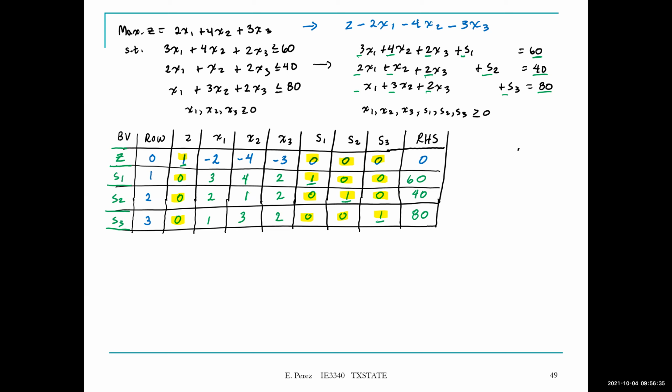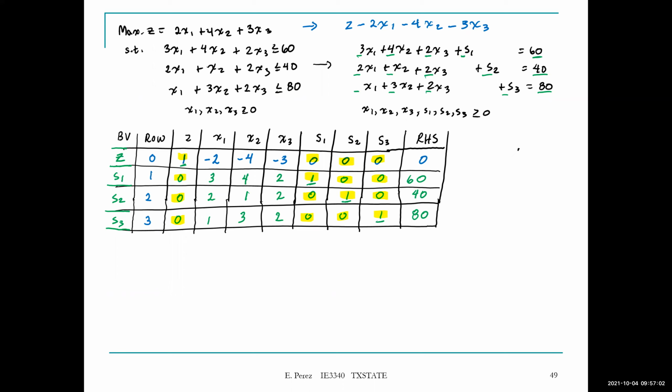Yes, and that's going to help you identify what the basic variables are in this problem. Remember, the non-basics are the decision variables that have a value of 0. So in order to find that initial solution, we are letting the non-basic variables be x1, x2, and x3, because those are the ones that have coefficients.